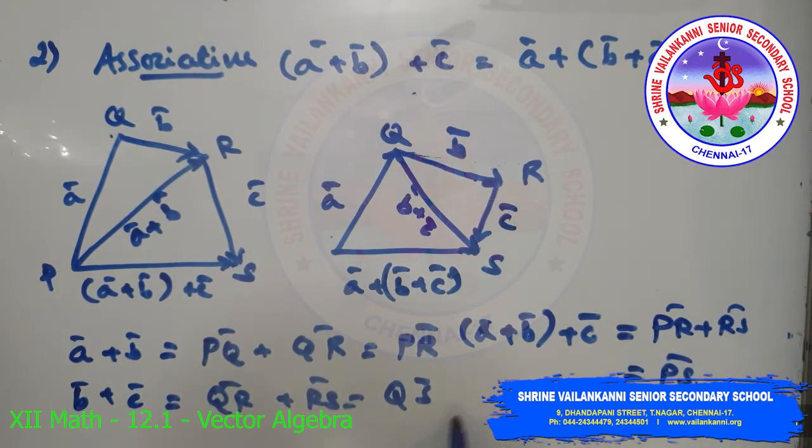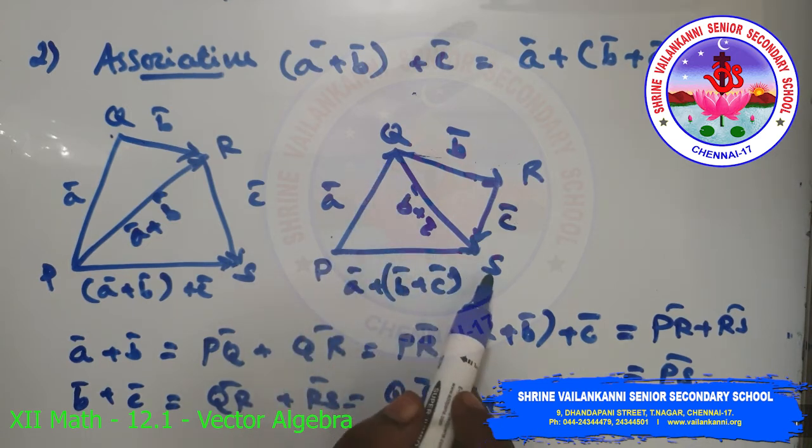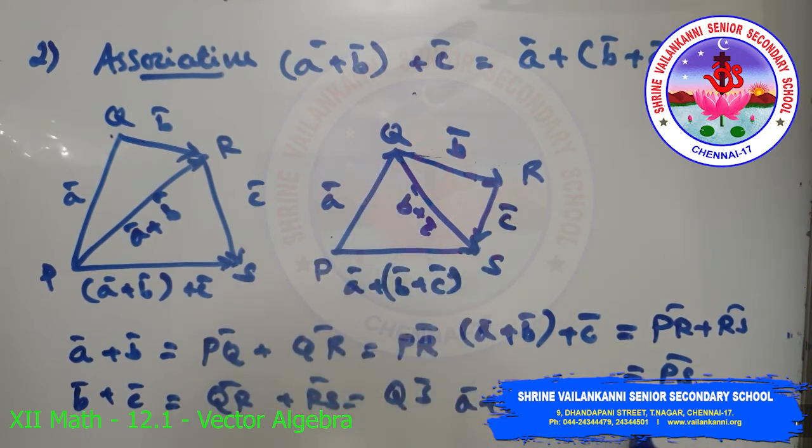And again A plus (B plus C) is equal to PQ plus QS, which is equal to PS. So equating these two, we get (A plus B) plus C equal to A plus (B plus C), which is the associative property.